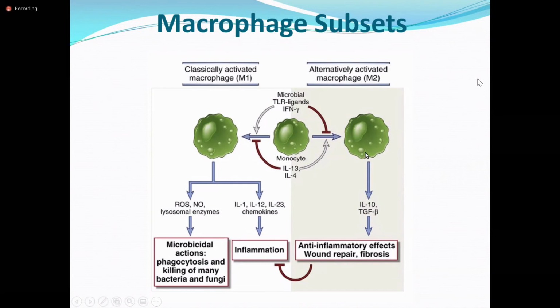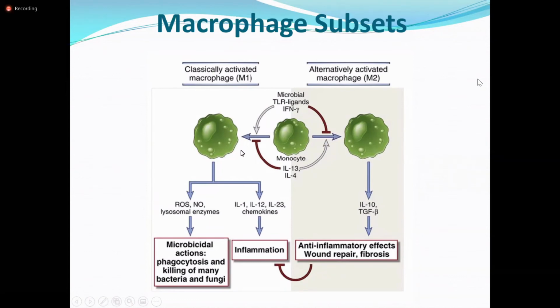And again, just like the Th1, Th2 story, when you have an M2 macrophage being differentiated, the cytokines produced by these cells block the activation of the M1 macrophage phenotype.